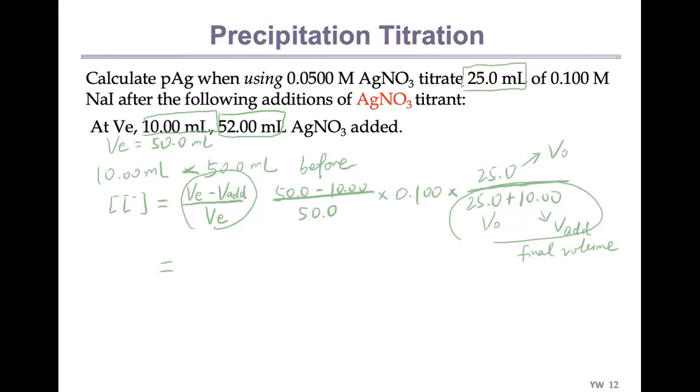And how many sig figs? 3. Okay. 0.0571 sub 4.